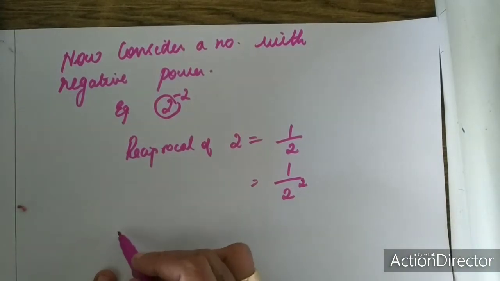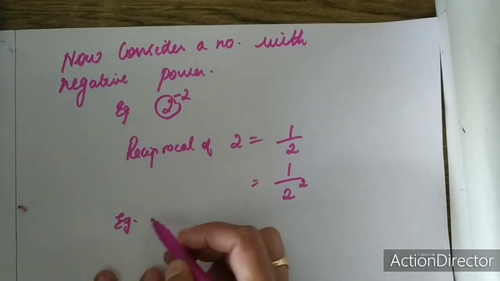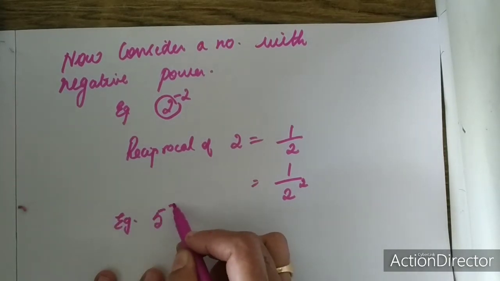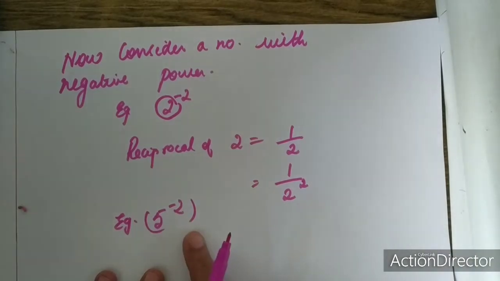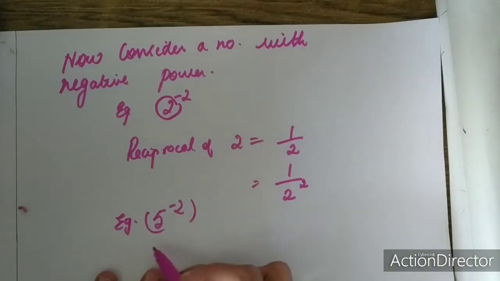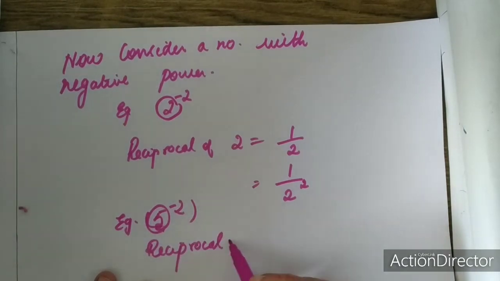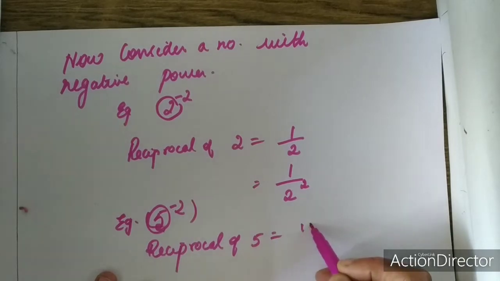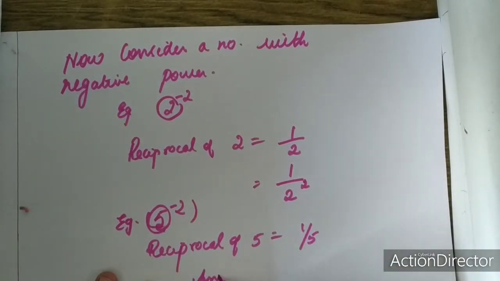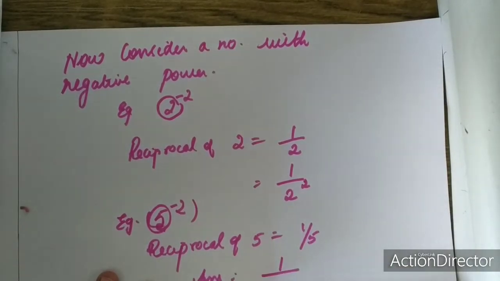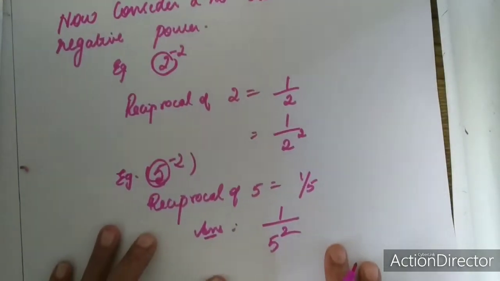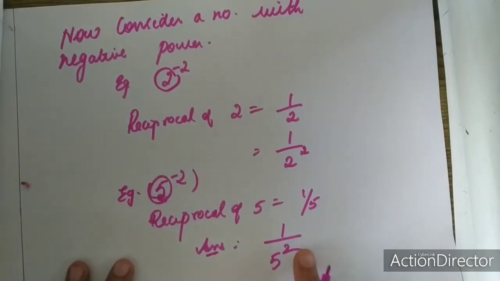One more example. If I take 5 power minus 2, to make this power positive, I have to reciprocal the number 5. The reciprocal of 5 is 1 by 5. So my answer is 1 by 5 power 2. Here the power of 5 is made positive.